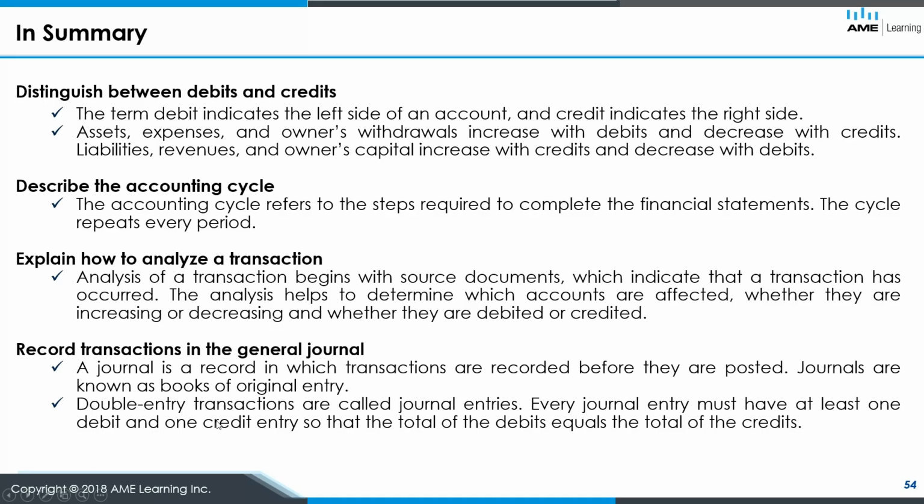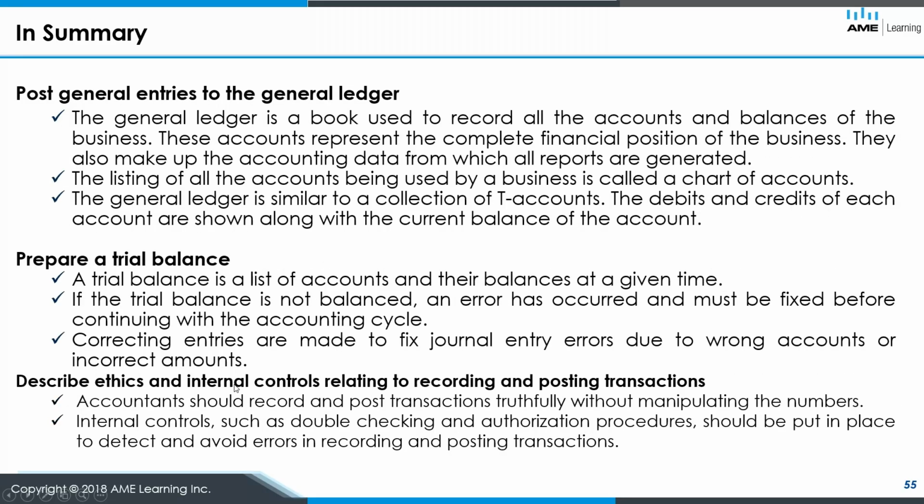So we post a journal entry, and we'll practice with journal entries, but that journal entry includes all the accounts. So one journal entry would have cash and revenue, for example, in it. We record that in the general journal. And then we post that journal entry to the general ledger, which means we take the increases and decreases to those accounts and put them into their ledgers, which are records of all of the activity for a given account.